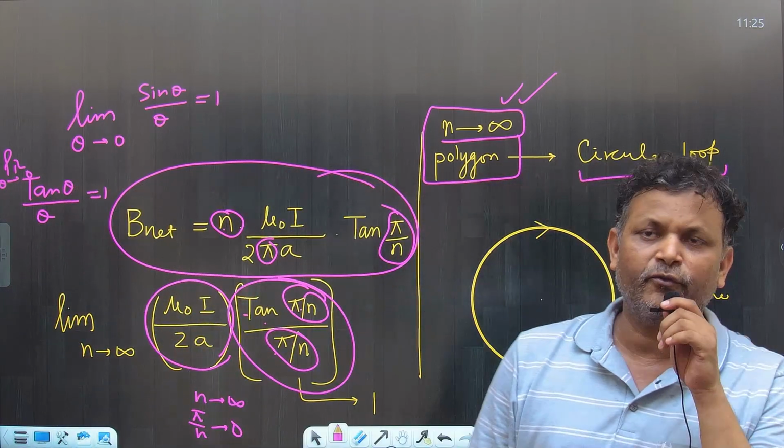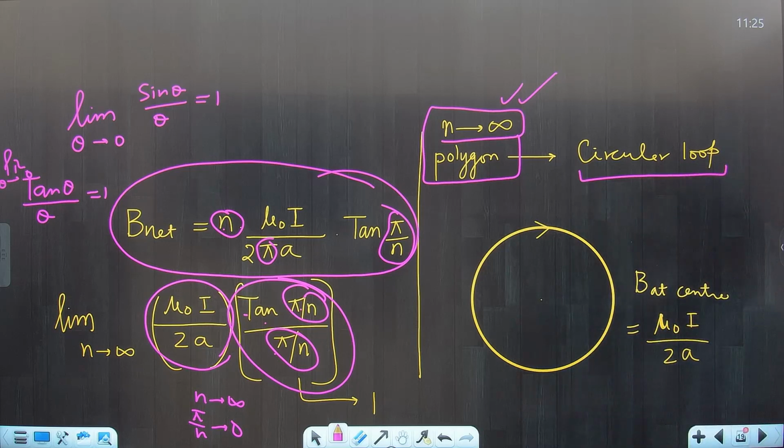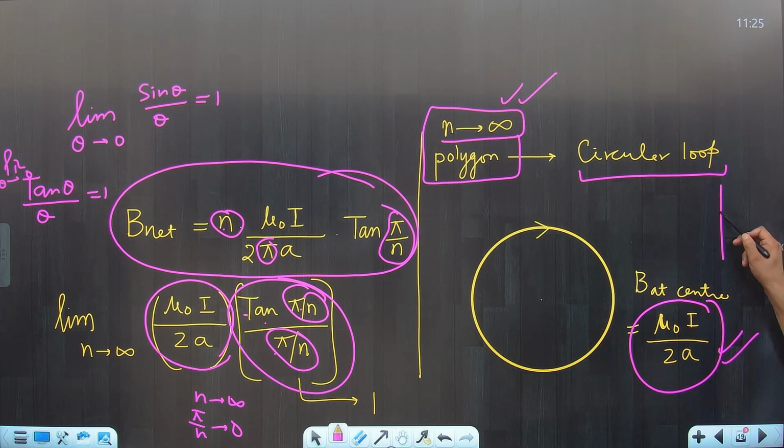You can derive it from the regular polygon magnetic field at center. So that is mu naught I by 2a. There is no pi here. But due to an infinite long wire, you get mu naught I by 2 pi a. But here there is no pi.